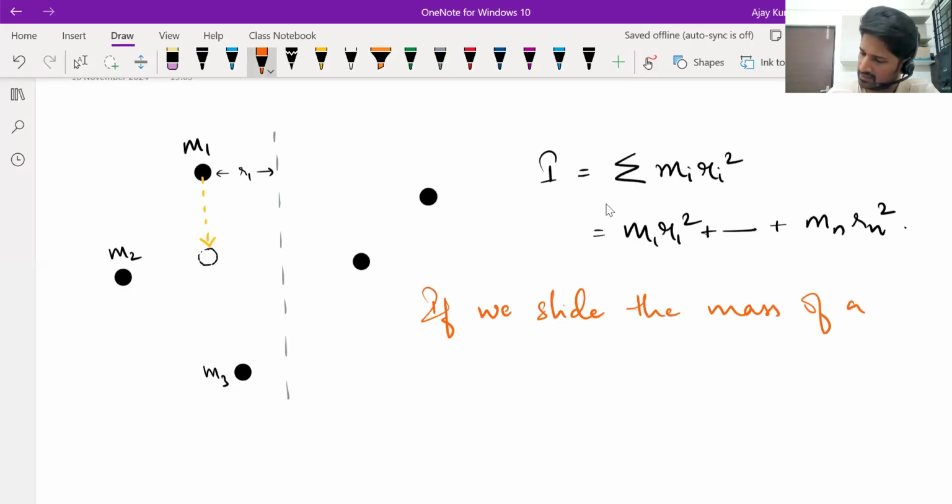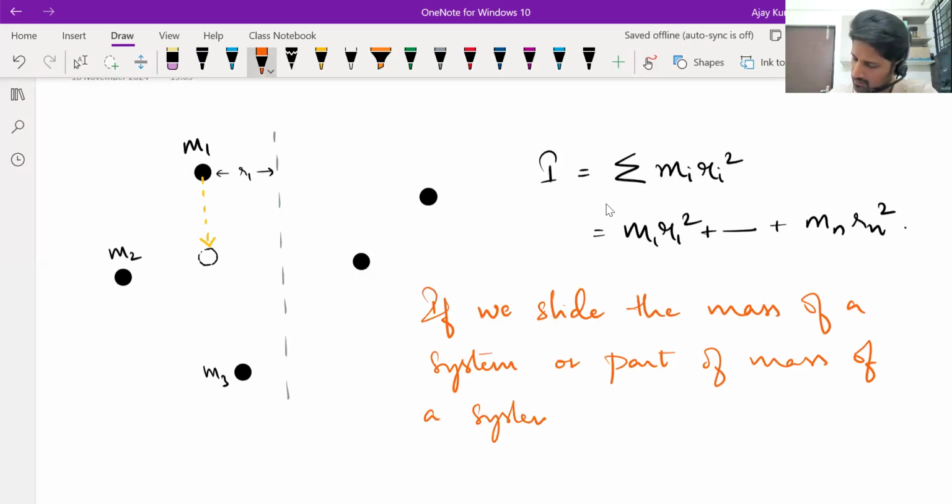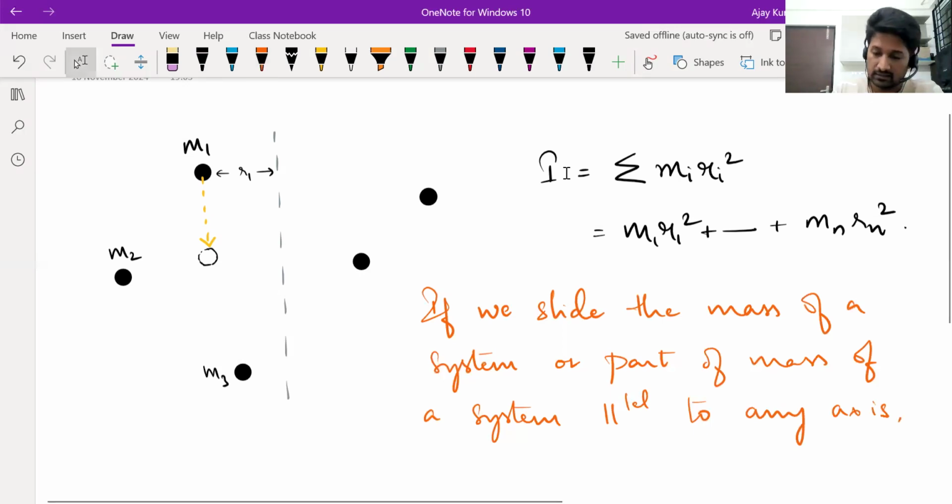Okay, if we slide the mass of a system or part of the mass of a system, this is an important property, that's why I'm spending some time on it, parallel to any axis. Okay, see clearly the distance of m1 from the axis has not changed. It's still r1.